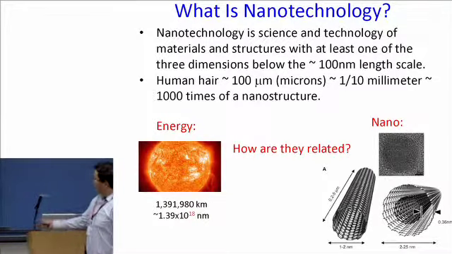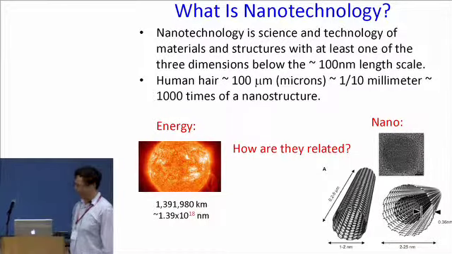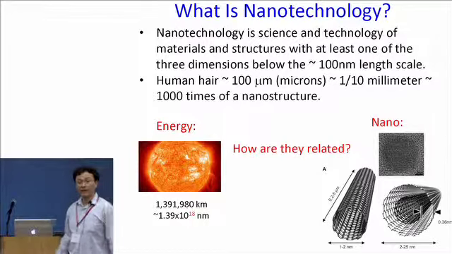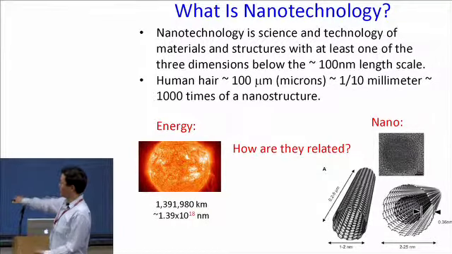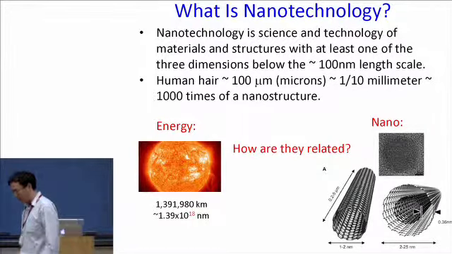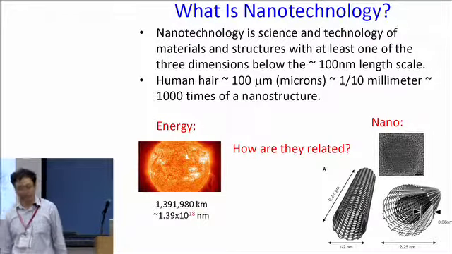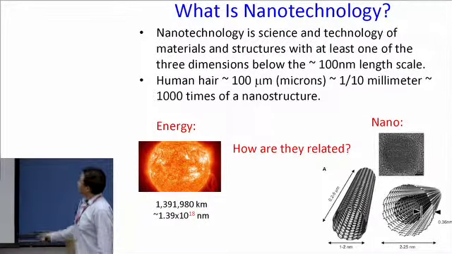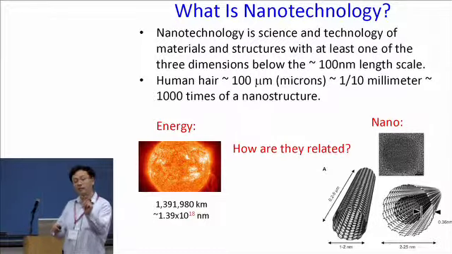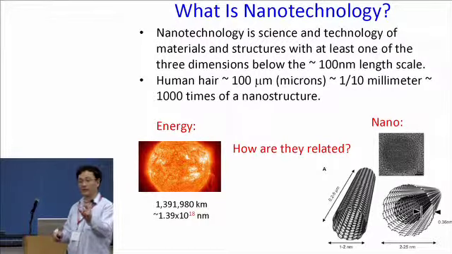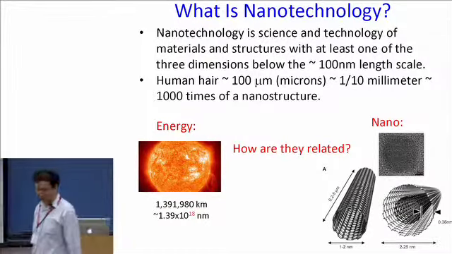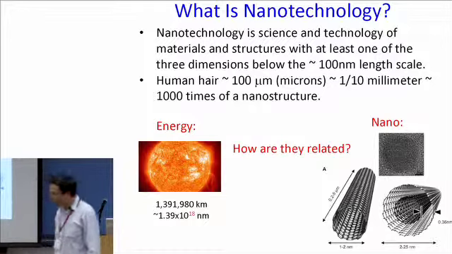And a nanotube's diameter can be as small as 1 nanometer, but the length can be a little longer. It can be microns, or sometimes even millimeters or centimeters. So nano is really materials with at least one dimension that's below 100 nanometers. That's what nanotechnology is about.